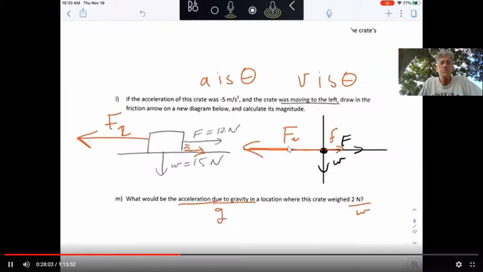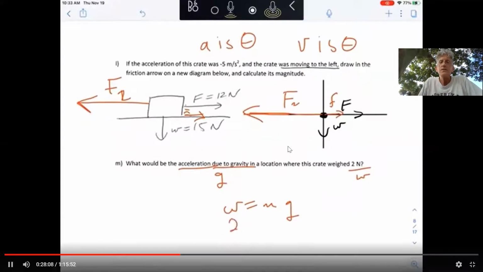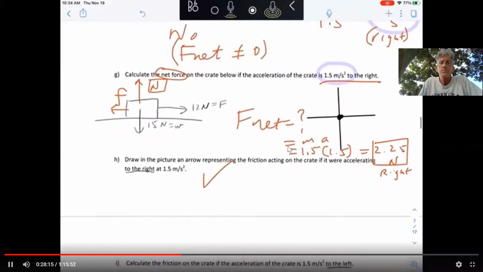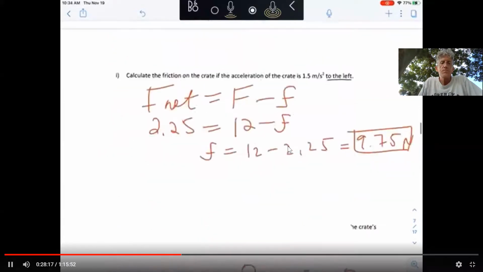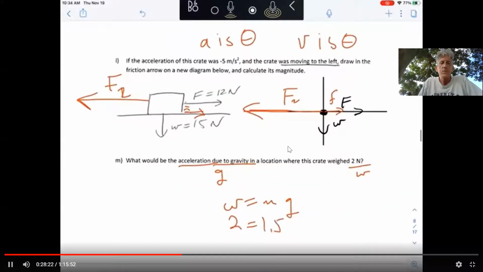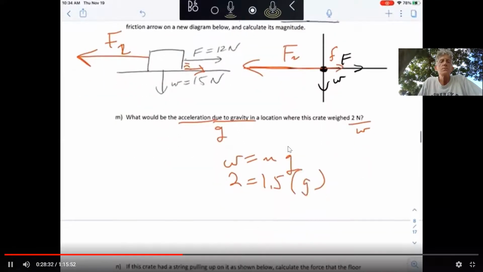I have to have a total force that's bigger, that's going to the left. So did I calculate that? I did not. So I don't know why I didn't calculate it up there in letter L, but F2 would be equal to F plus little f.